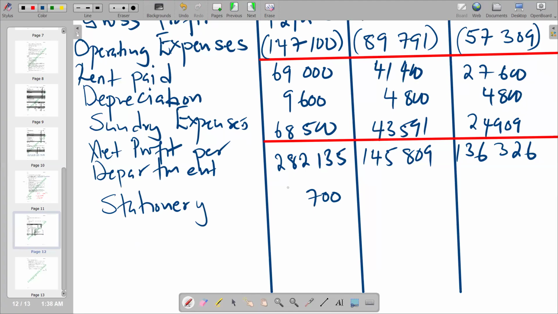So it's an expense, which means we are supposed to subtract. So you can show by putting brackets.